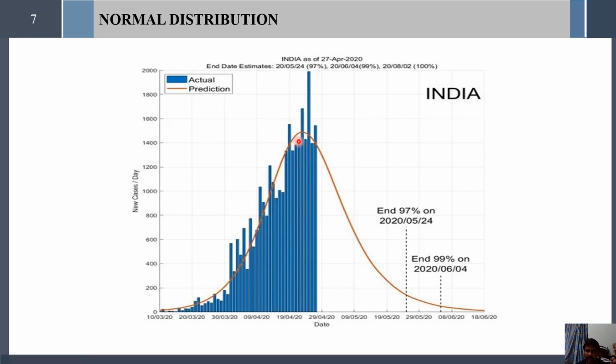Using statistical prediction, it will come down and get to 0 by around 18th June.